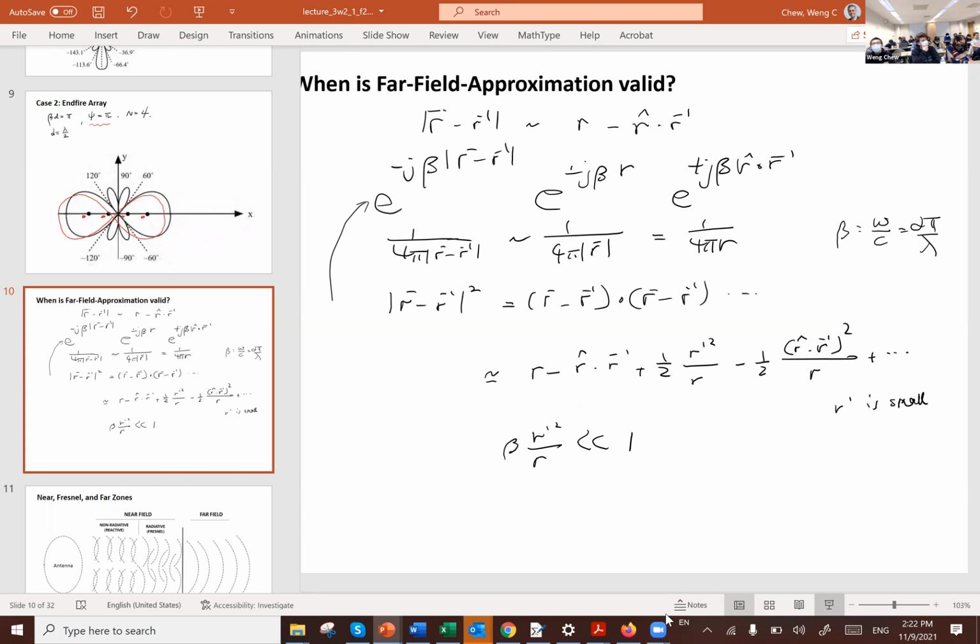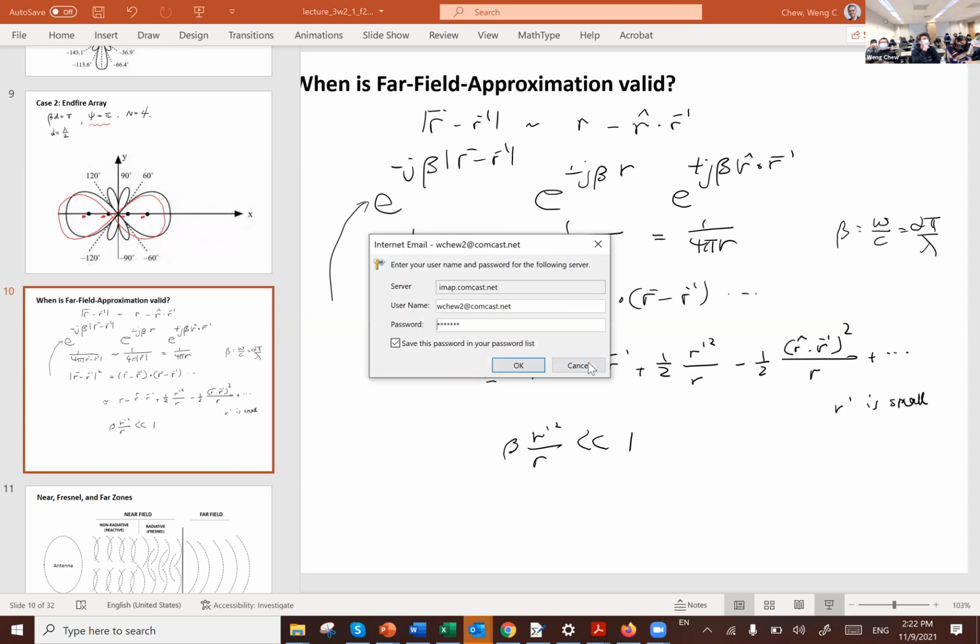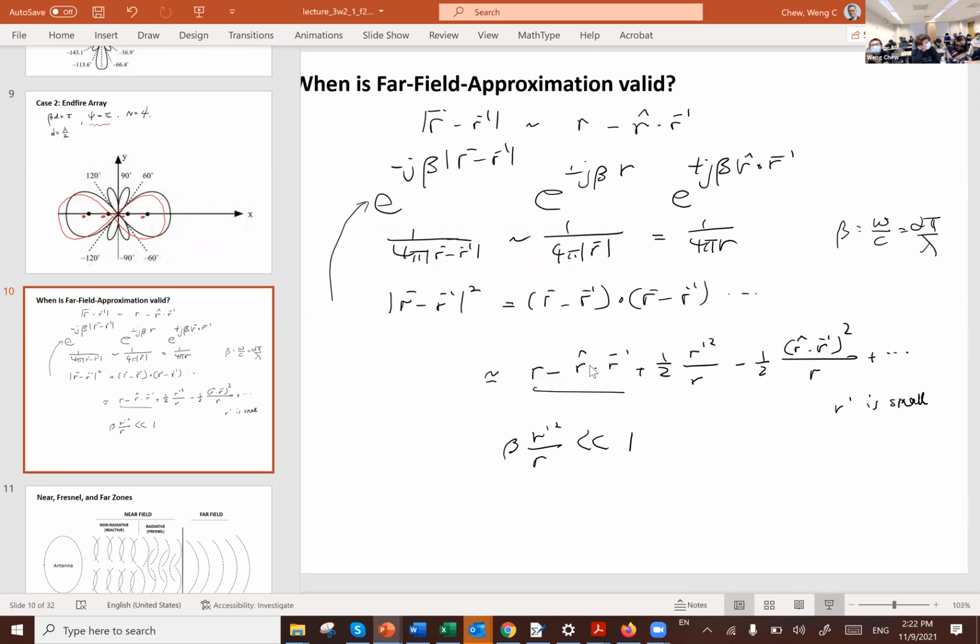When you only did the first term, this is not obvious: you don't know when the first two terms are good enough. That is the criterion for dropping the third and fourth terms, and if it is true, you plug it back into the exponent and the approximation is good.